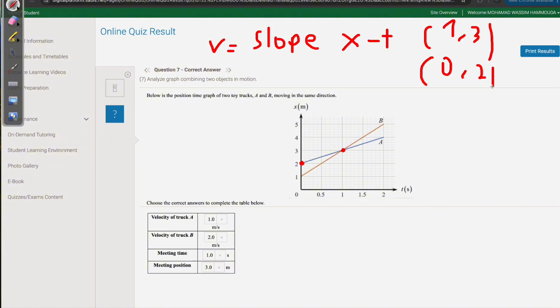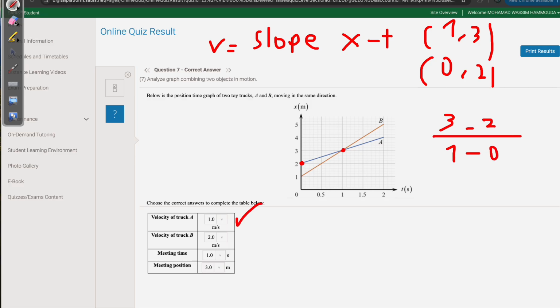So 3 minus 2 over 1 minus 0, which is 1 meter per second.